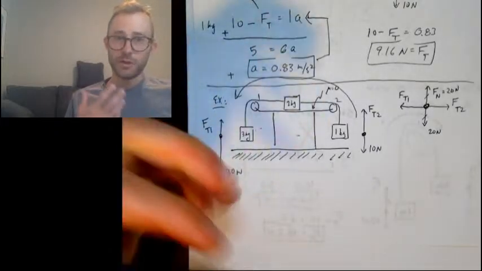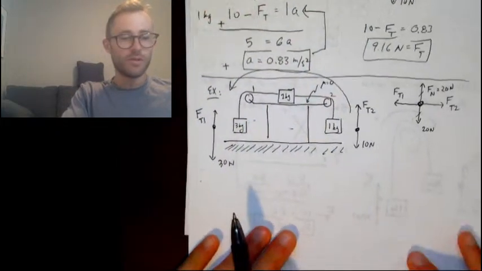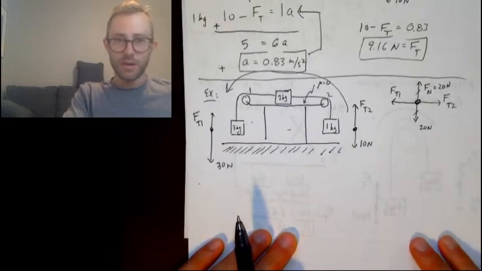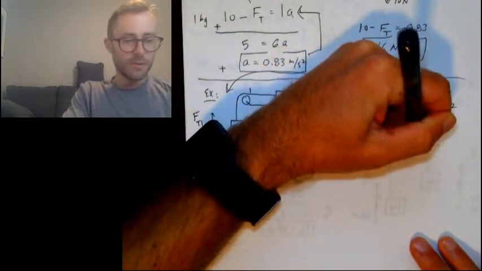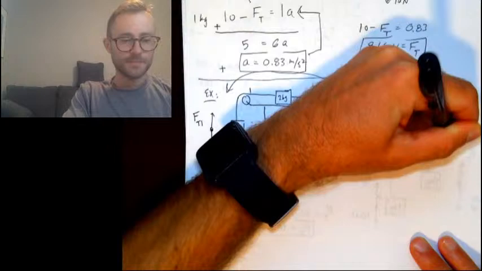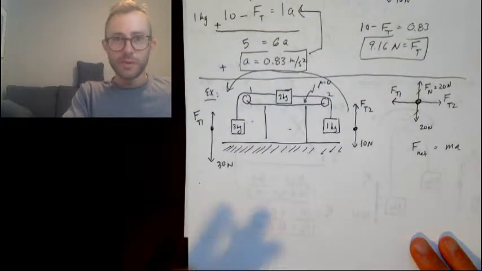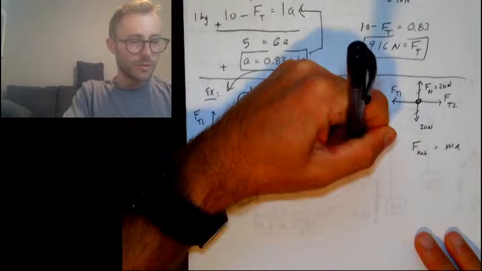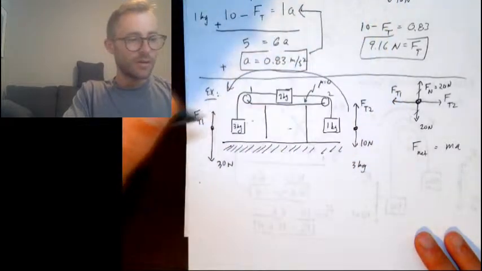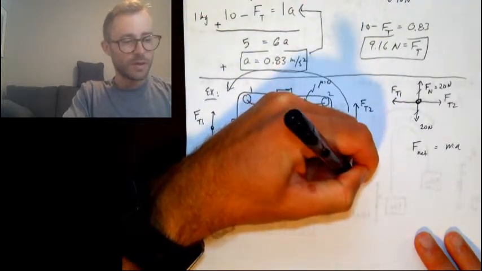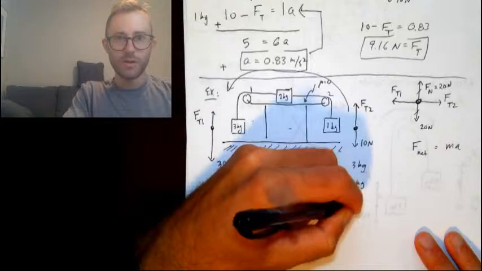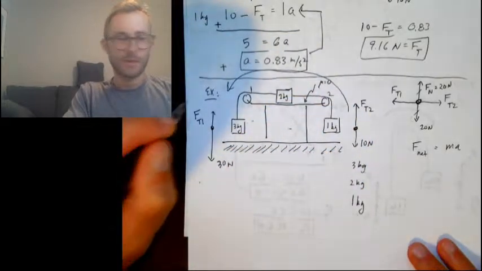All right, so we're going to do this again with Newton's second law. Net force equals ma for all 3 masses. So we have the 3 kilogram mass, the 2 kilogram mass, and the 1 kilogram mass.